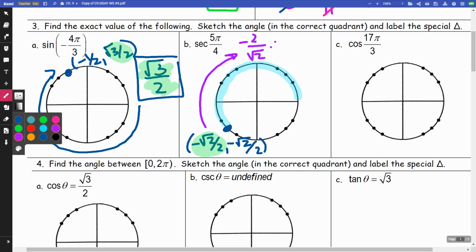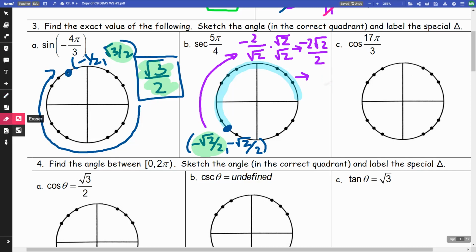I'm going to rationalize it, and I'm going to get negative 2 root 2 over 2, which cleans up to negative root 2. And that's going to be my answer. Let me clean this up. Okay, so that's going to be a negative root 2. There, that looks a little better.